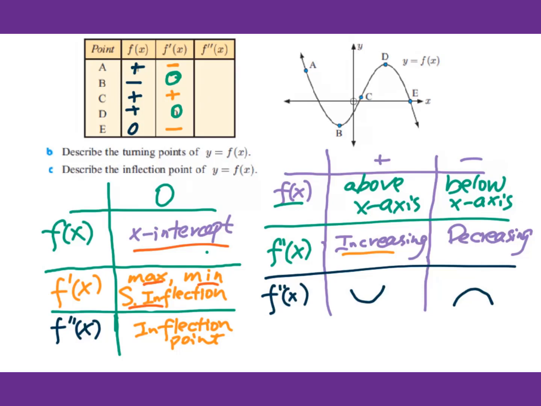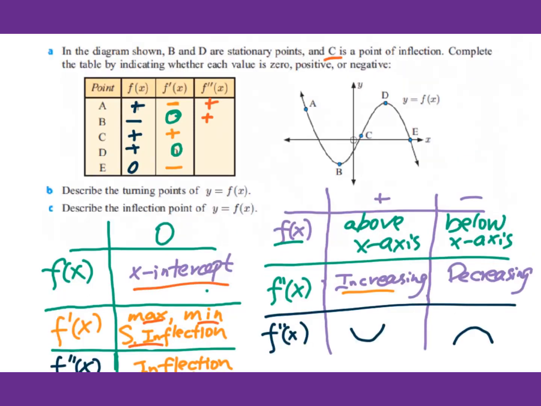For the second derivative of f of x, just check if it's concave up, which means positive. Therefore, A is positive, B is positive. C is an inflection point given from the information here.